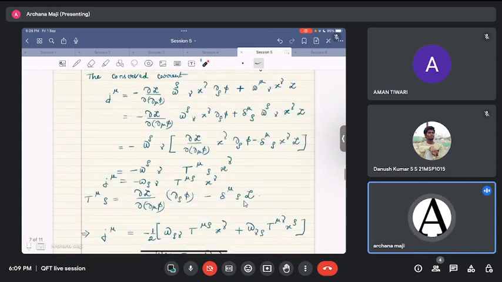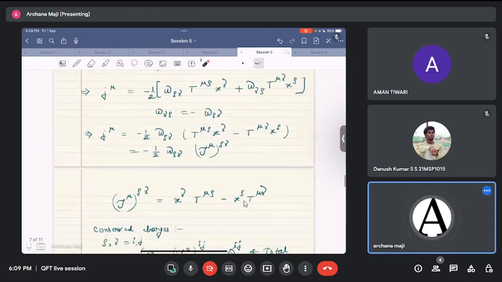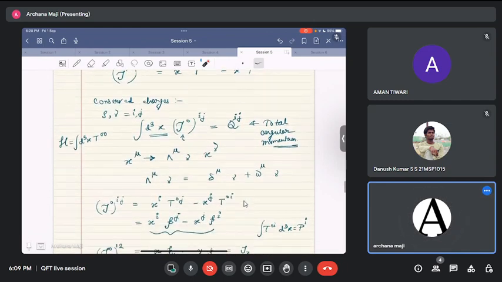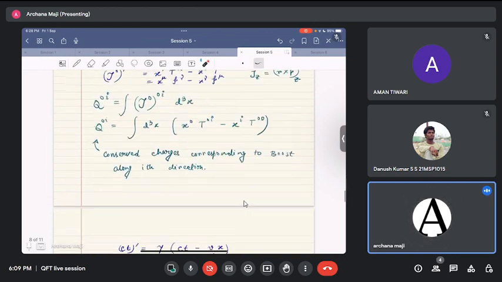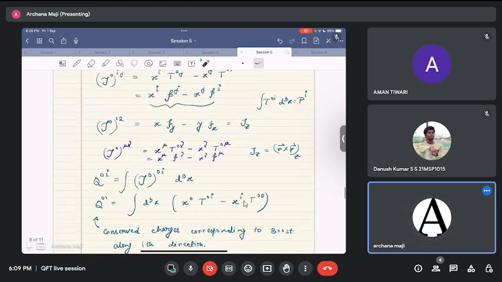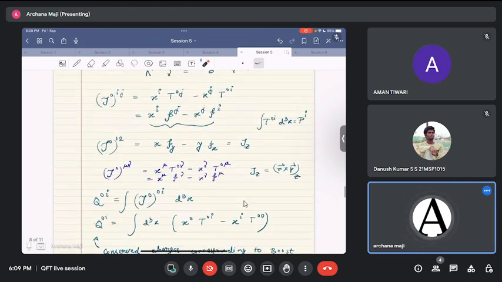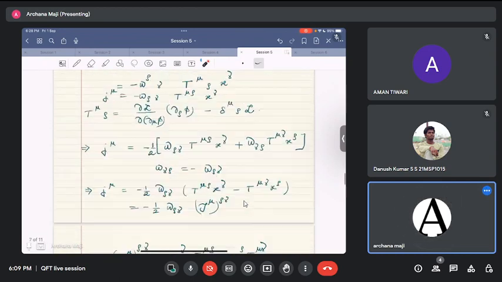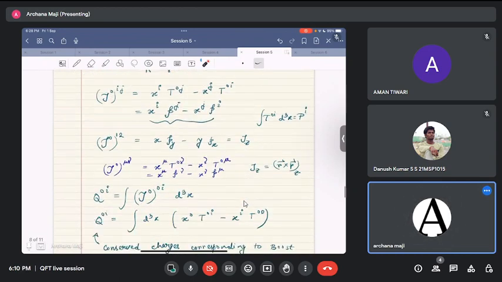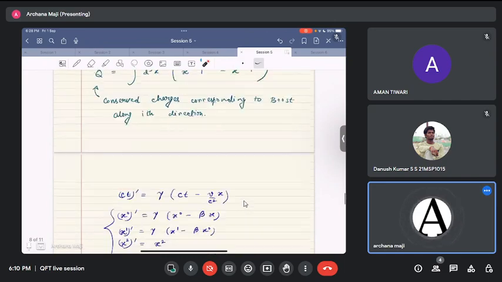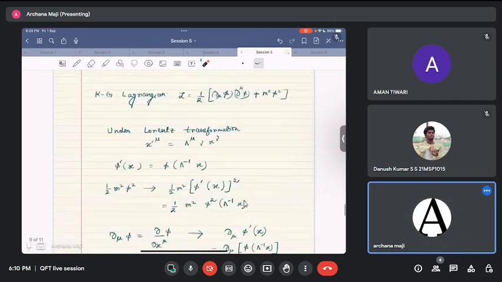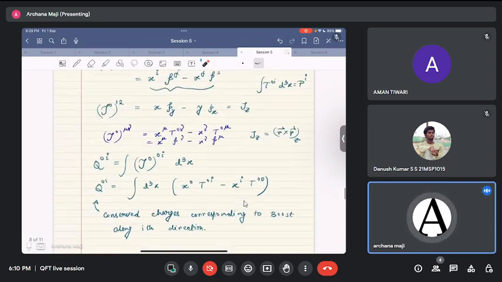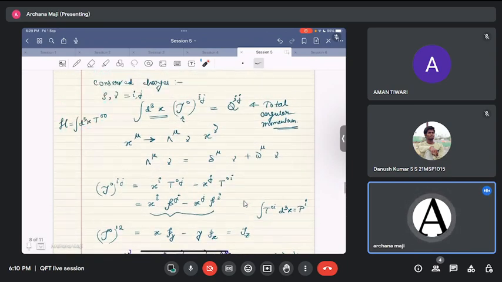And we know that the zeroth component of the current, if we integrate over whole space, we get the conserved charges. So we found out what is the conserved charge corresponding to boost and to rotation. Q0i corresponds to boost, and what is Qij? Sorry, I must have written it somewhere. Qij was the charge corresponding to rotation about the ij plane.